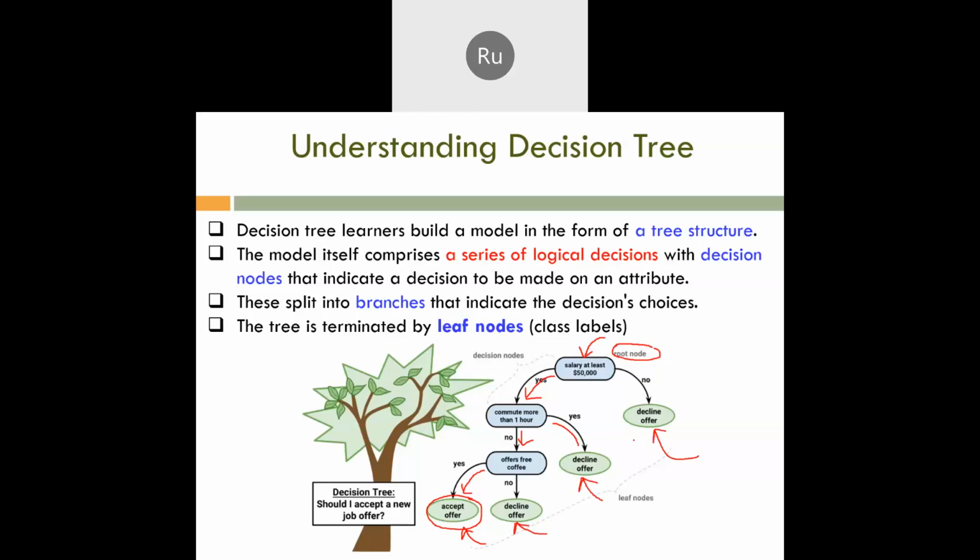Okay. So the issue that we want to look at here is how do we construct the tree? How do we choose the attribute to be used to split your tree or split your data? We will look into entropy and also information gain on how we can use this method to construct your tree.